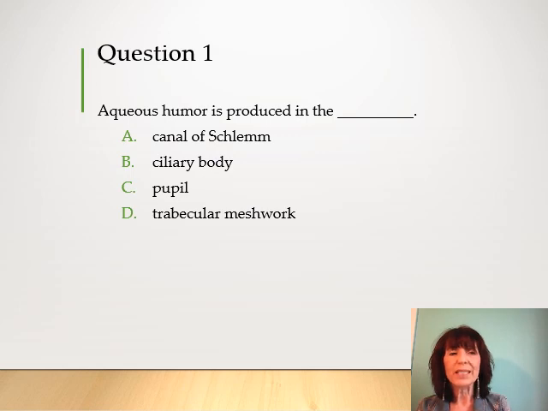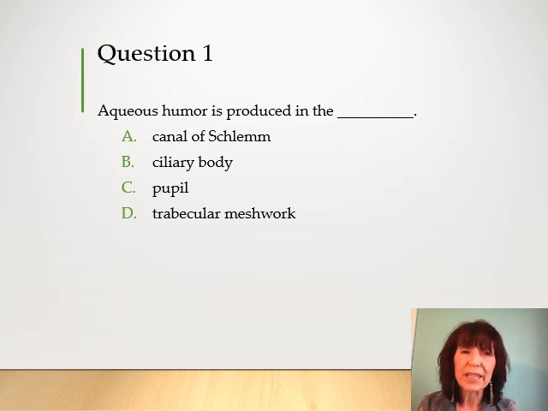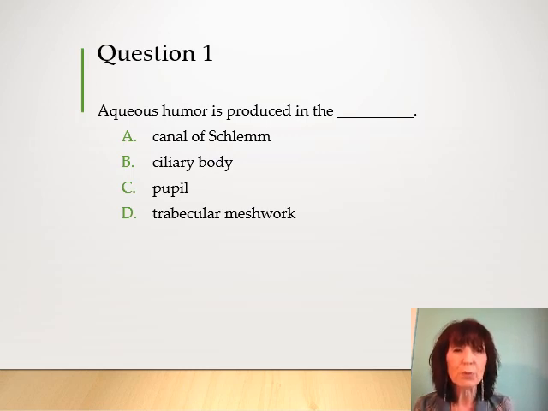It is produced in the ciliary body. So the anterior chamber is filled with aqueous humor, which is clear, watery fluid. Aqueous humor is produced in the ciliary body. It flows over the lens, through the pupil, and out through the trabecular network into the venous system.